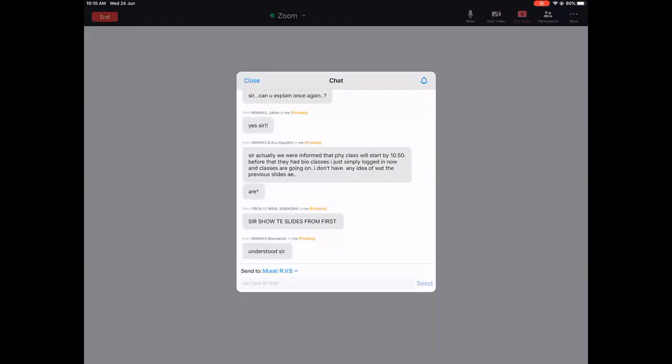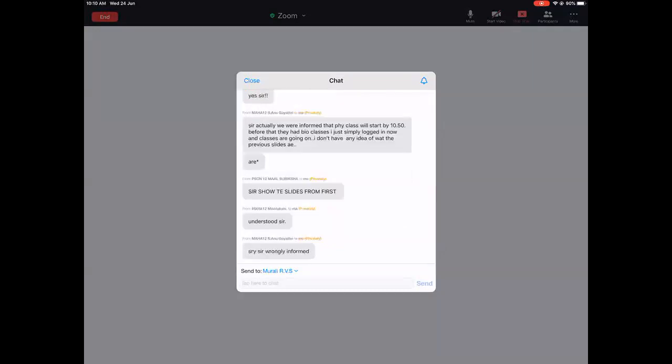So everybody knows only their schedule. So please understand that and please cooperate. It was never told to you the class will be at 10:50 unless you ask some other teacher. The 11th standard class is at 10:50 for your information. So it was not wrongly informed. Nothing was wrongly informed. It was correctly informed.